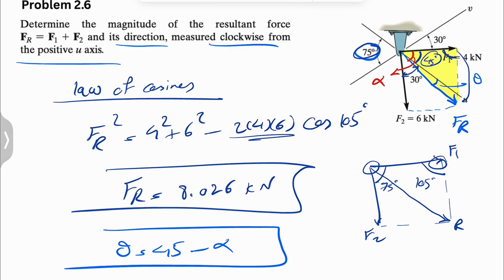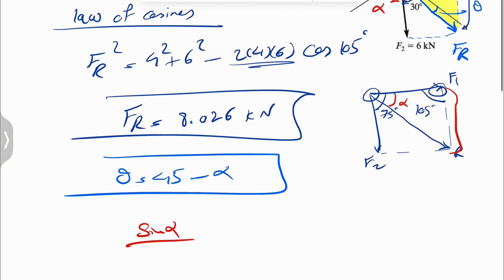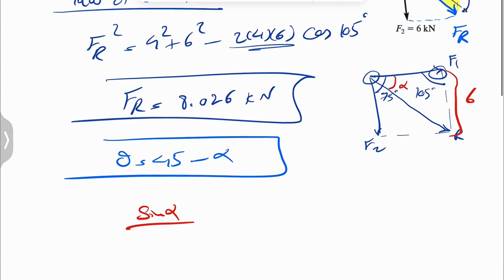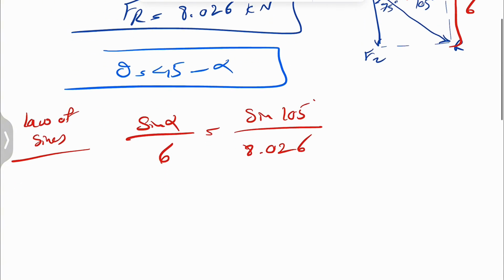We just have to do the law of sines this time. The alpha right now is this angle here. So sine of alpha over the side that is facing it, which is F2, is 6, and this will be equal, by the law of sines, to sine of 105 over Fr, which was 8.026.